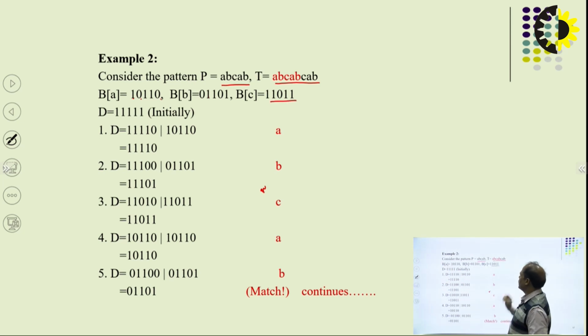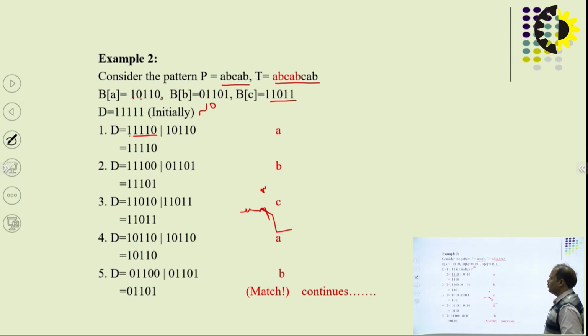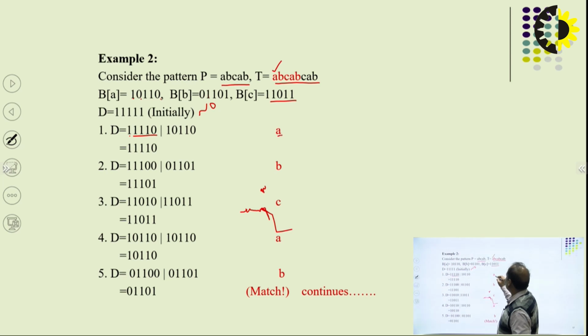This is the situation, right? As I said, D is all 1 at the initial position. That is, D is the complement of 0 at the beginning. No need to design the finite automata. D is left shifted with 1, right? So just left shift with 1 or B of the first pattern character A.